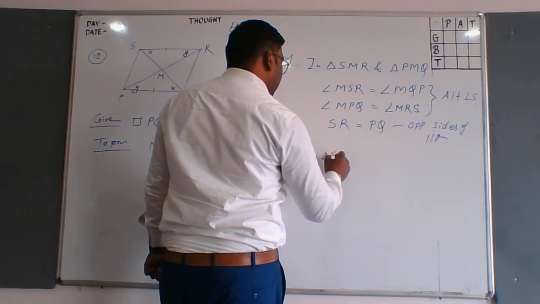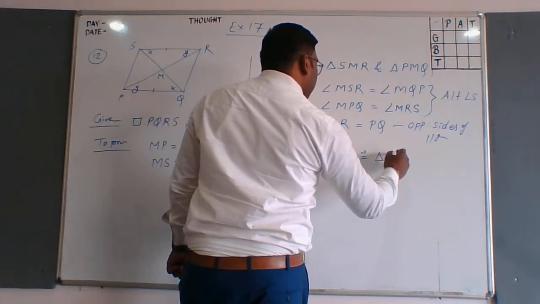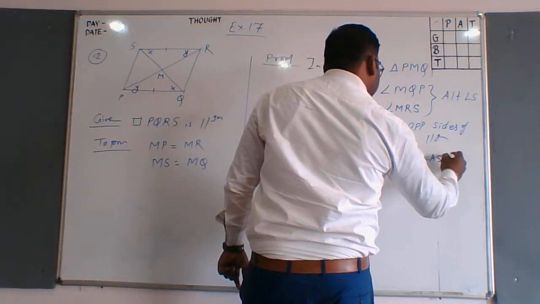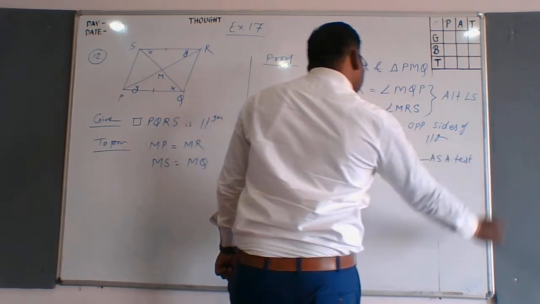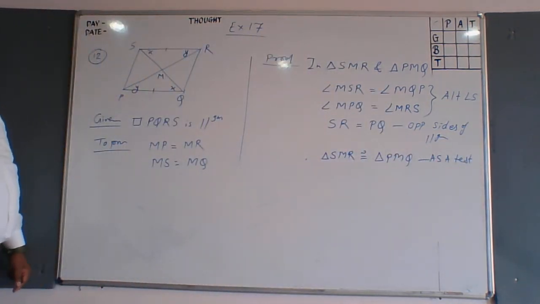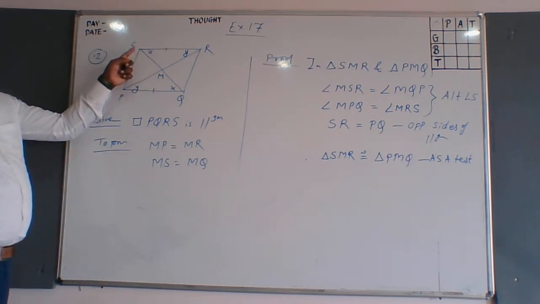Therefore, triangle SMR is congruent with triangle PMQ by the ASA test. Since the triangles are congruent, their corresponding sides are equal.